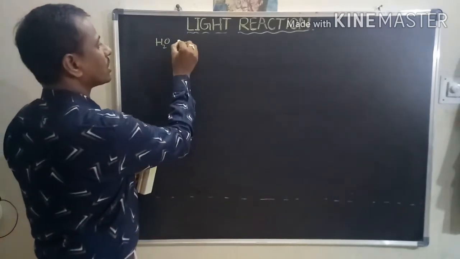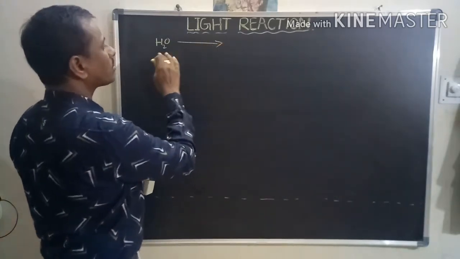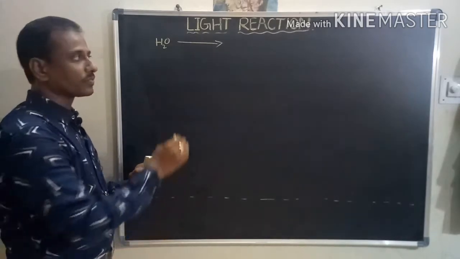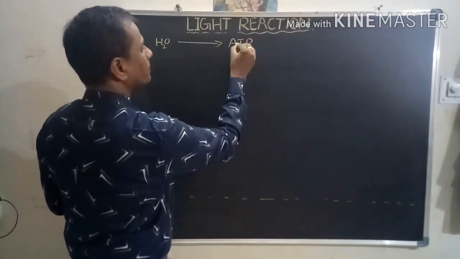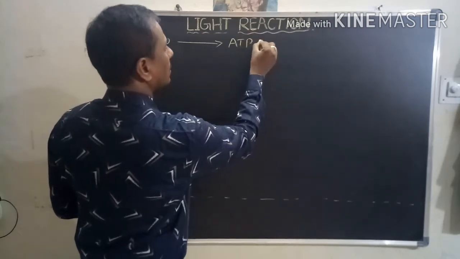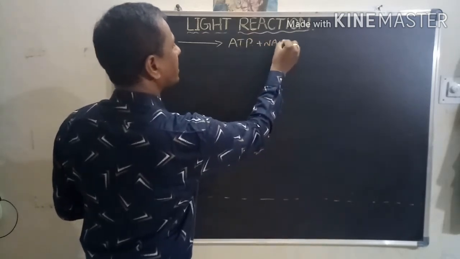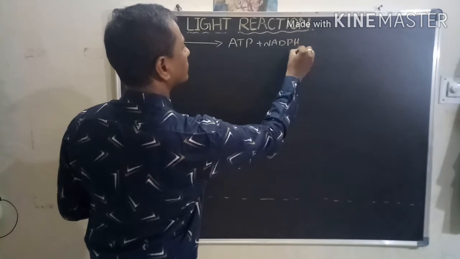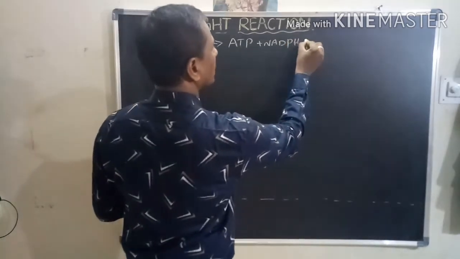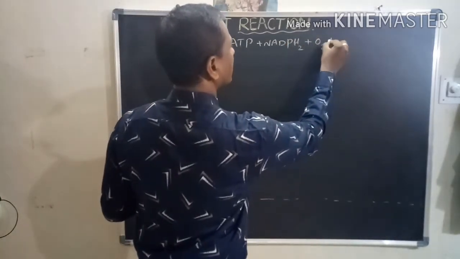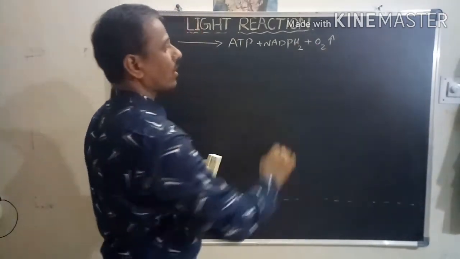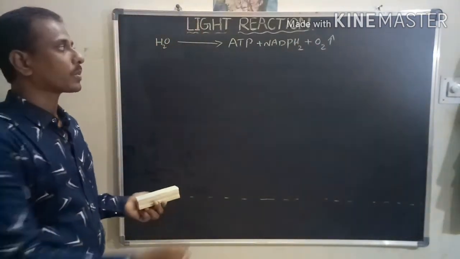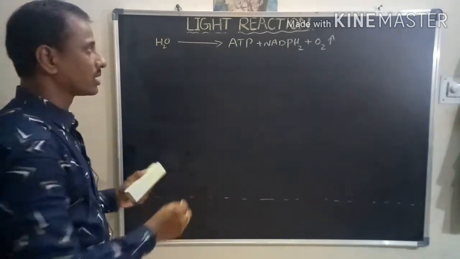In the light reaction, only the water molecule participates and gives ATP and NADPH2 and oxygen gas. ATP, NADPH2 and oxygen: these three are the products in light reaction.